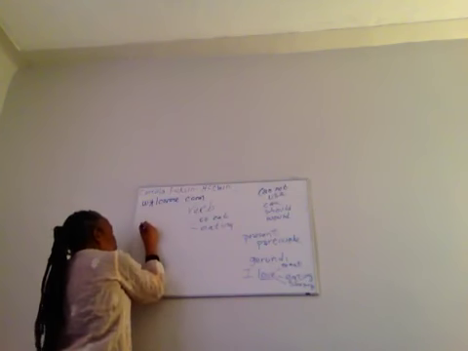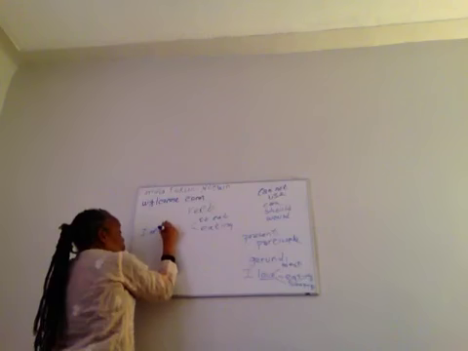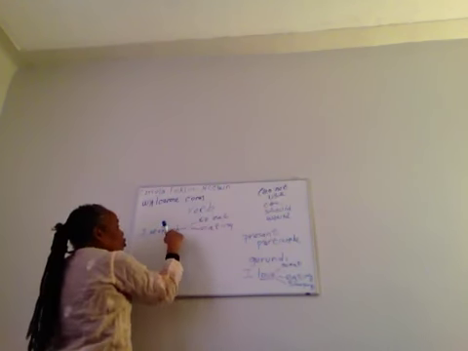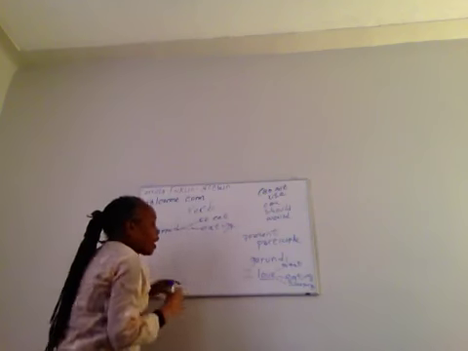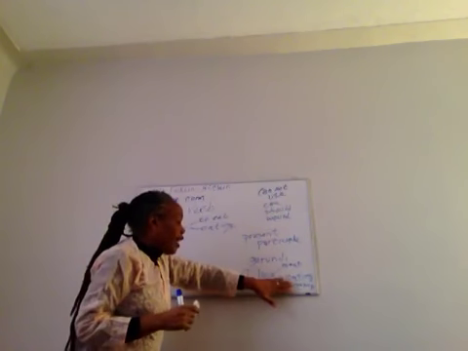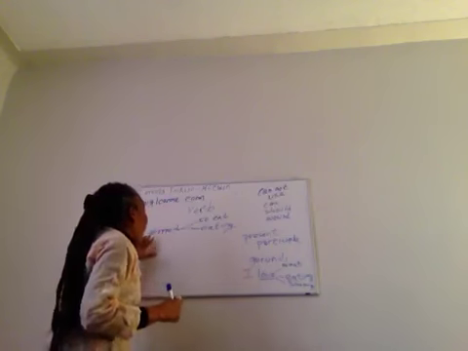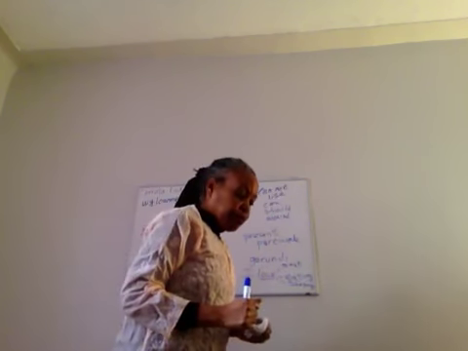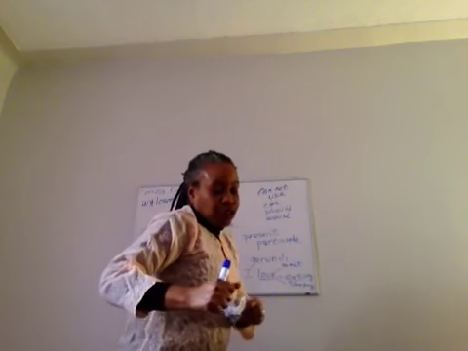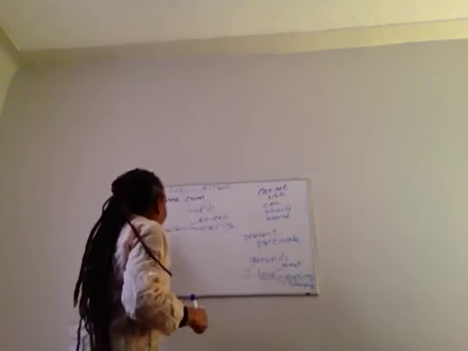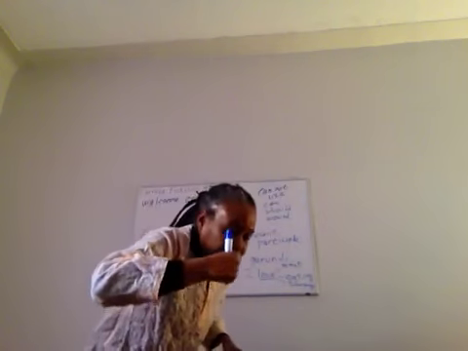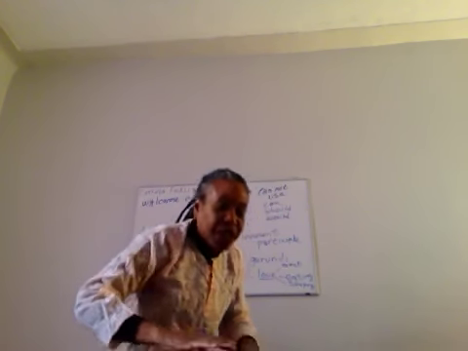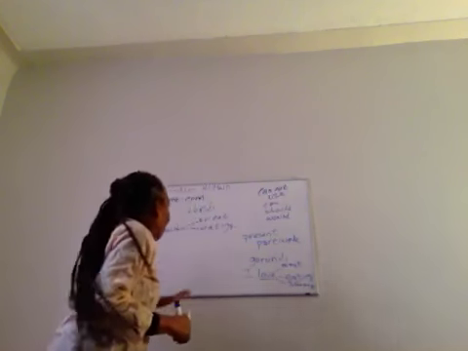Now notice I'm doubling the P. We'll talk about that in another video. I stopped to eat, I stopped eating. Here, I love to eat and I love eating mean the same thing. I stopped to eat means I was walking, I stopped, I went into a restaurant to go eat. Versus I stopped eating means I was eating, I saw someone and I stopped the activity that I was doing. Okay? So you have to be careful.